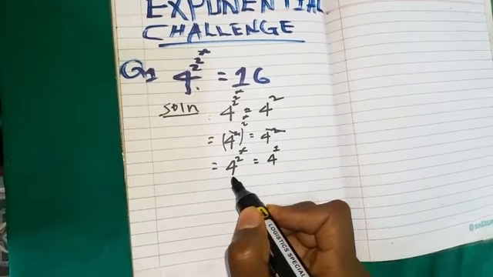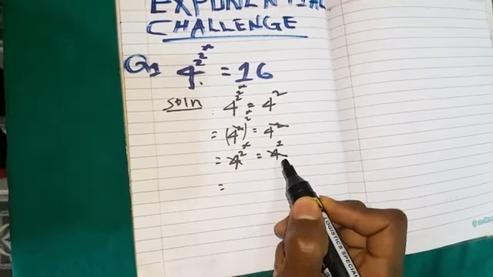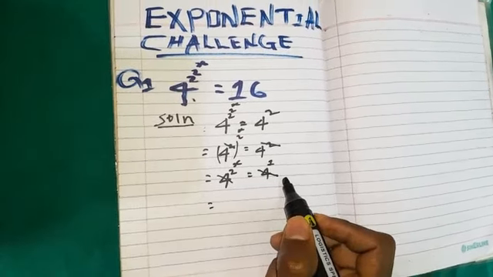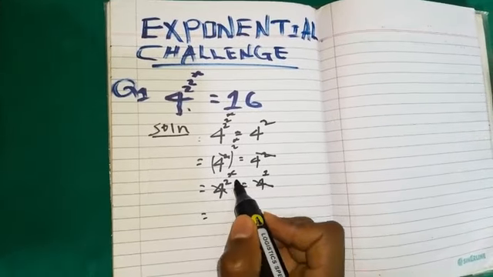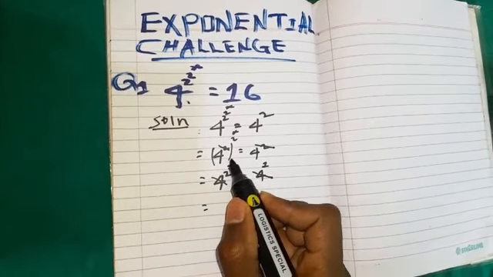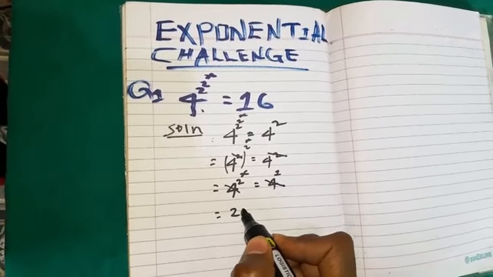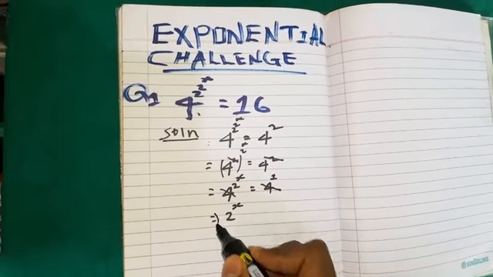Then these 4s cancel each other, because if the bases are the same, we can cancel on both sides. Then what is left is 2 to the power of x is equal to 1. Yeah, 2 to the power of x is equal to 1.